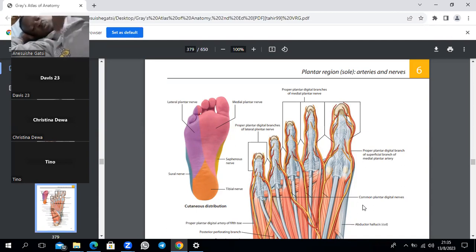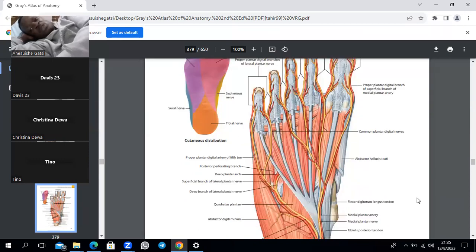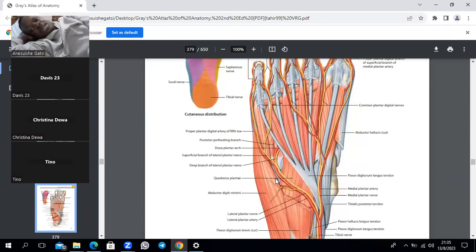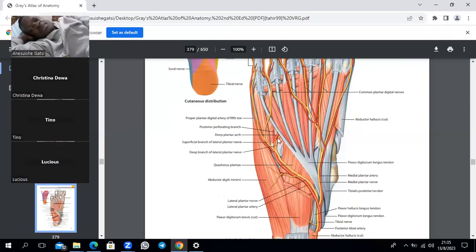If you want to be fancy, your lateral plantar nerve has a main trunk, then it divides into a superficial branch and a deep branch. So there are muscles innervated by the main trunk, for example quadratus plantae, then those from the superficial branch and those from the deep branch.